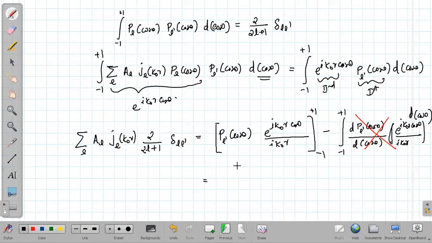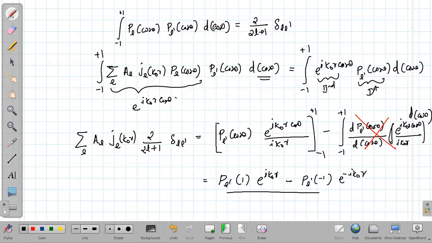So therefore this becomes PL prime of 1 e raised to I k0 r minus PL prime of minus 1 e raised to minus I k0 r, all divided by I k0 r. And what is the left side? We have to sum over L, then there is a Kronecker delta LL prime, so we replace all L with L prime.